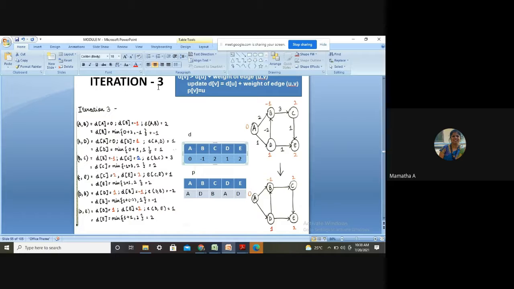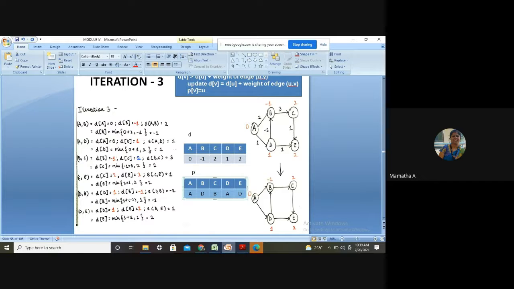So you need not go for the next iteration. We actually wanted to do how many iterations for this graph? How many vertices are there? 5, ma'am.